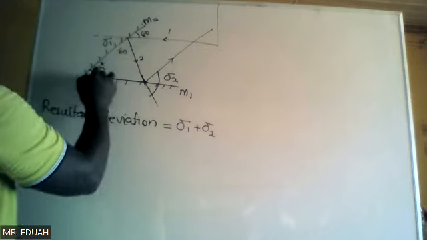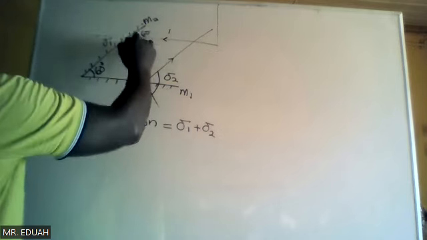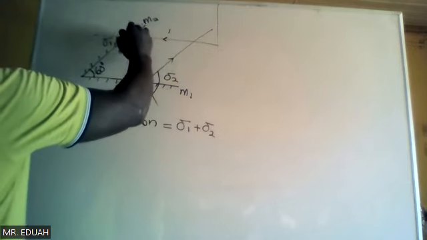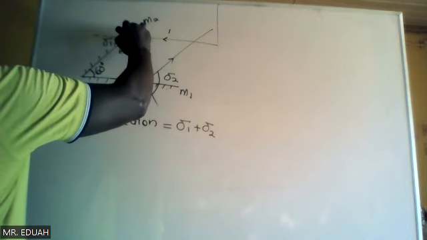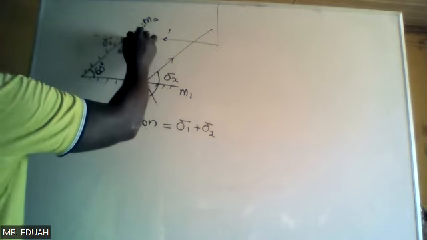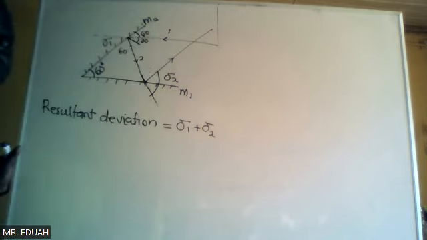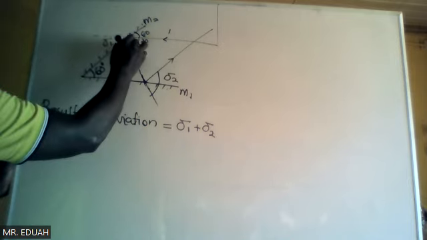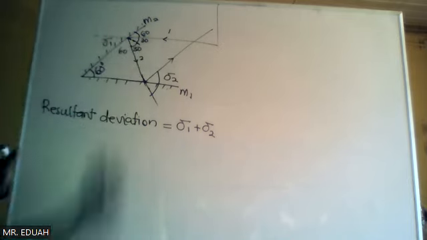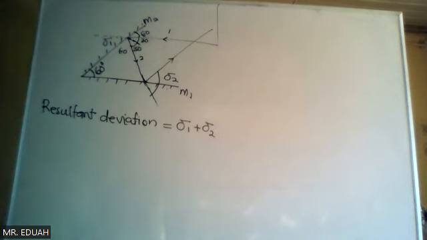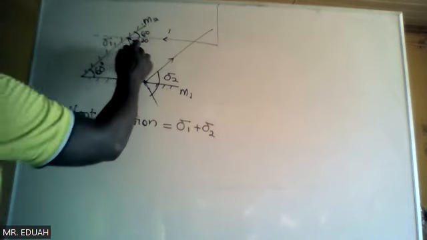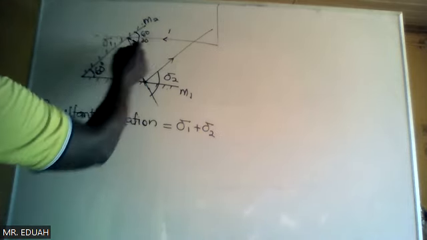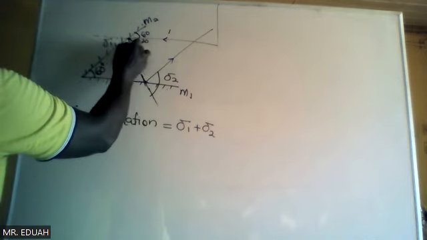But if this is 60, this will also be 60. So when I draw a normal between the incident and the reflected, this will be 30. You got 90 minus 60. And then this will also be 30. 90 minus angle of incidence equals angle of reflection. So 30, 30, and so automatically this will be 60.